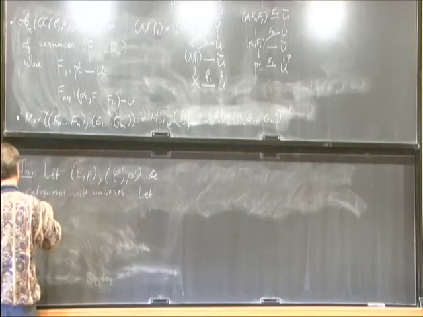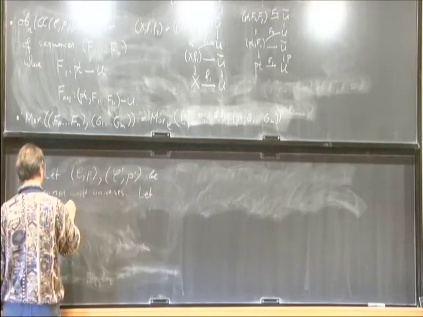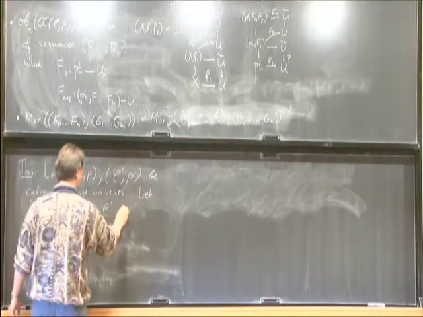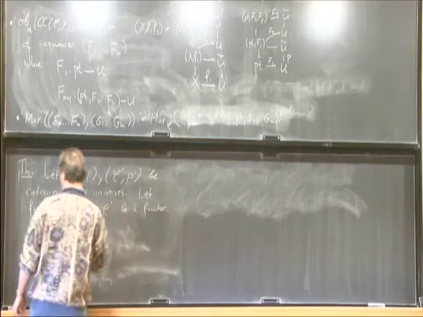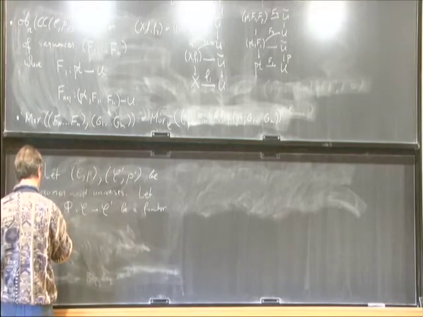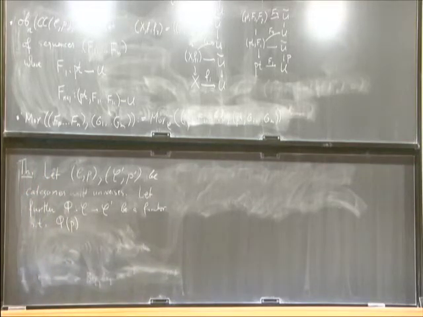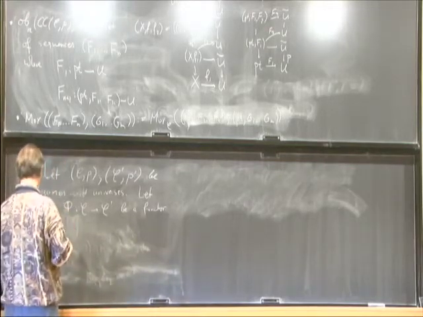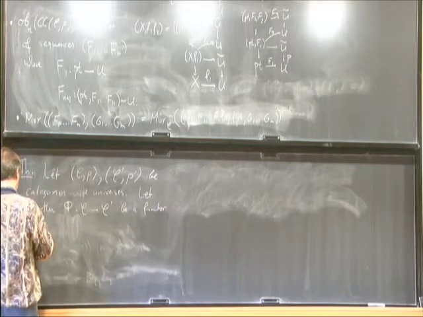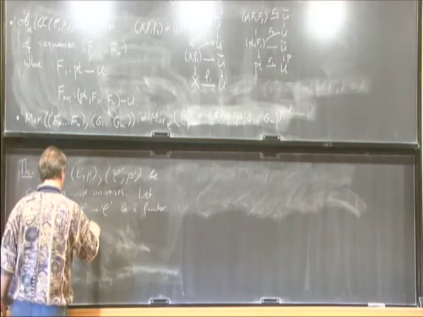Let further phi, C to C prime, be a functor together with two morphisms.